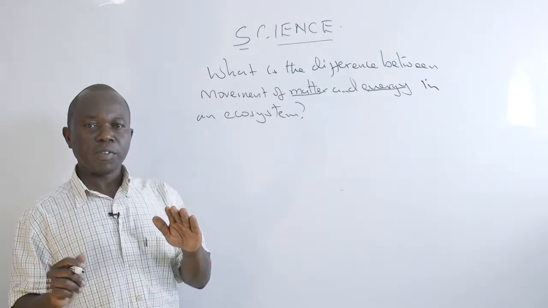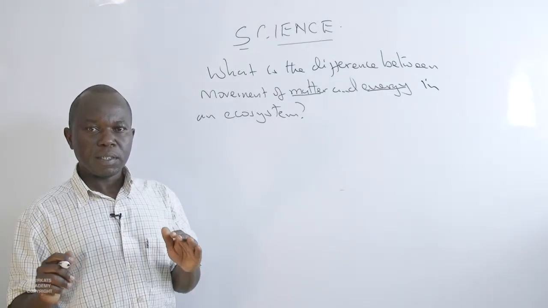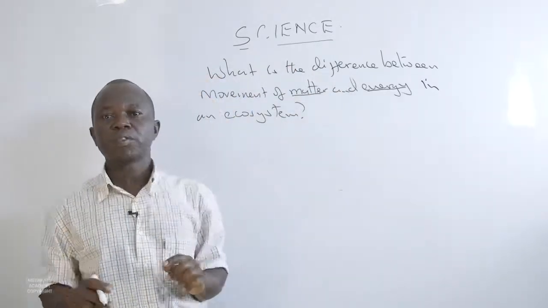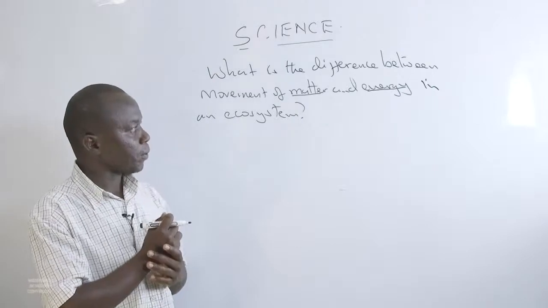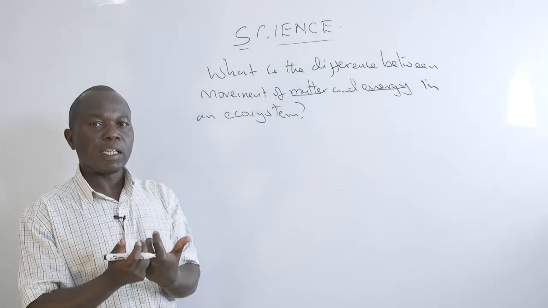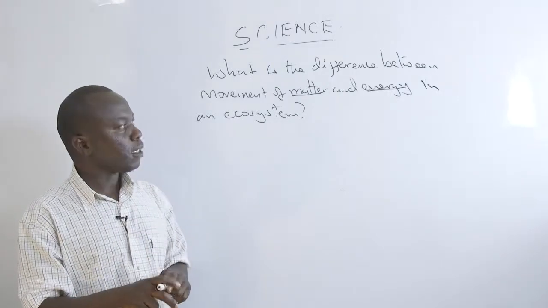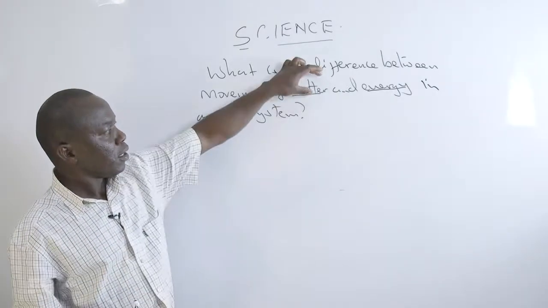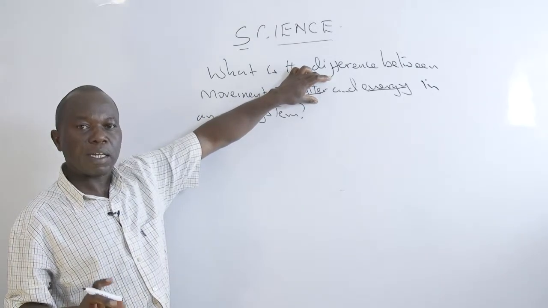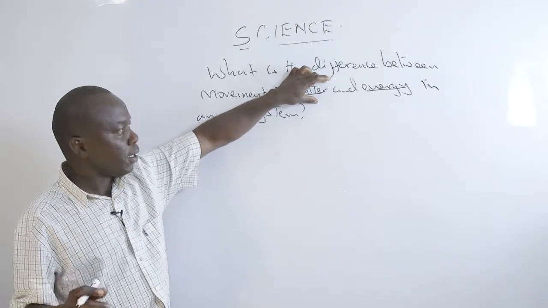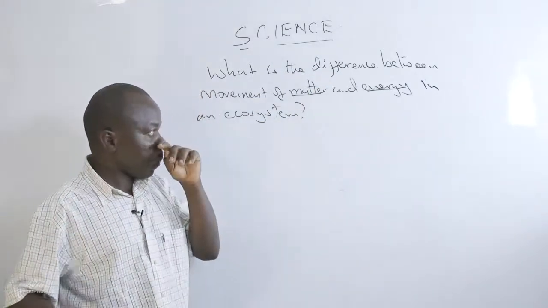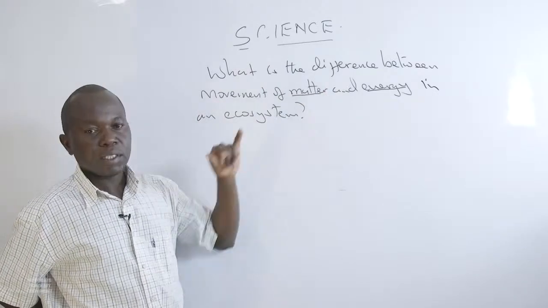They'll move through trophic levels, as we have already learned, through the feeding process. Producers capture energy from the sun in the process of photosynthesis. It will combine with matter that's already there in inorganic forms, and then it will flow through the ecosystem. But that movement is not the same.